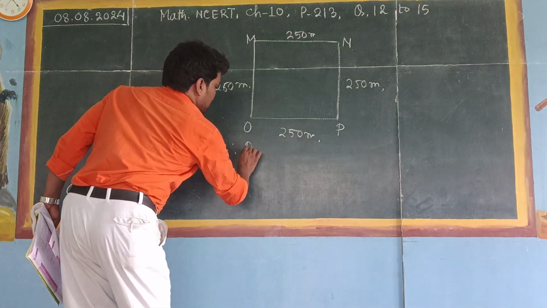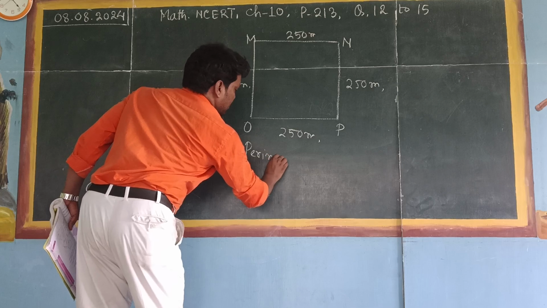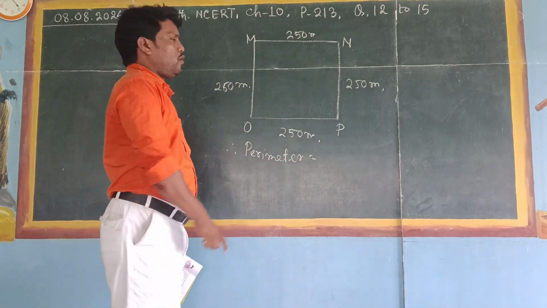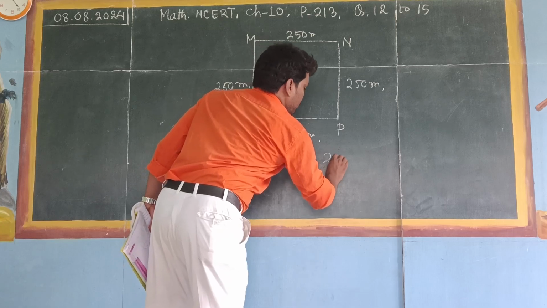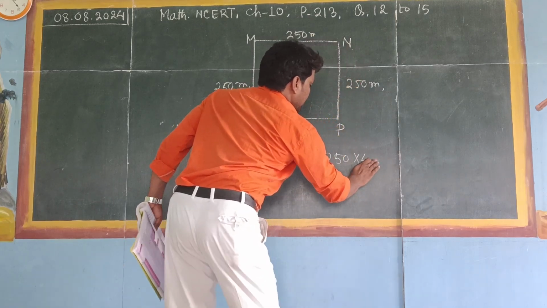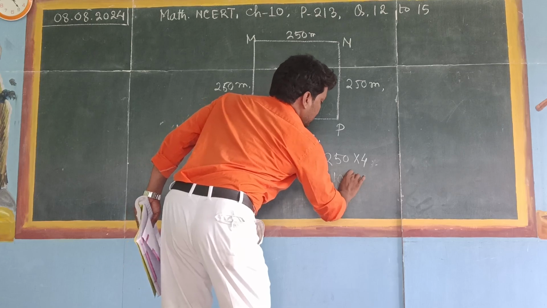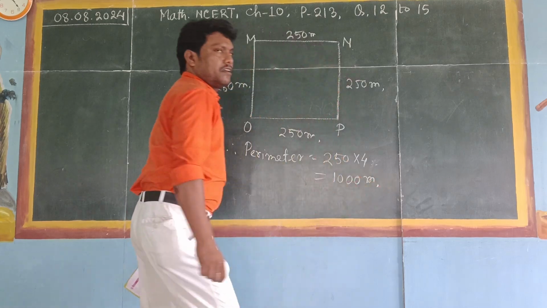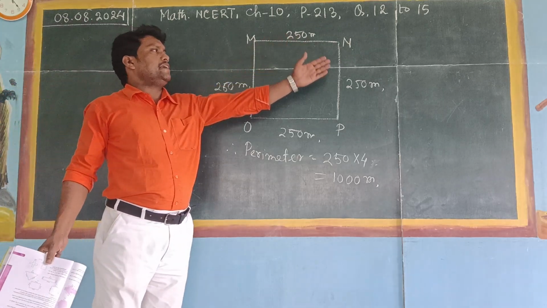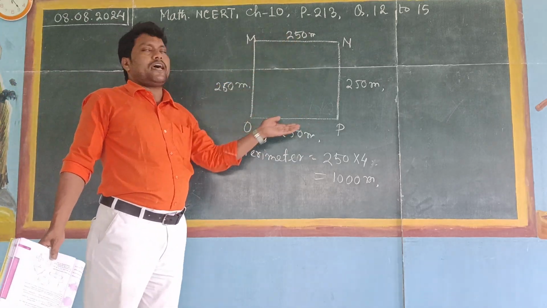Now perimeter means the sum of four sides, 4 into side. So 4 into side, that means 1000 meter. 1000 meter is the perimeter of the square park.